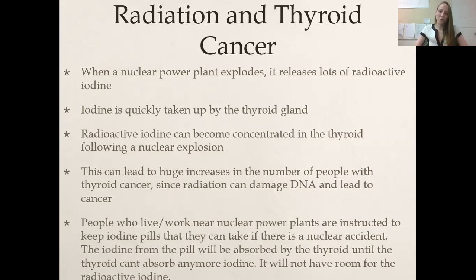So people who live or work near nuclear power plants are instructed to keep iodine pills nearby, like in their desk, so that if there's a nuclear accident, they can pop a couple iodine pills. Their thyroid will suck up all of that iodine, and then the idea is that your thyroid will be full of iodine, so it doesn't have room to absorb any of the radioactive iodine, and thus it protects you from that kind of thyroid cancer.